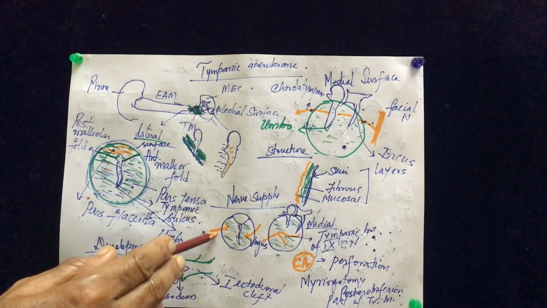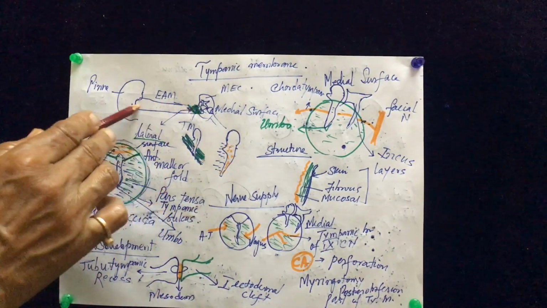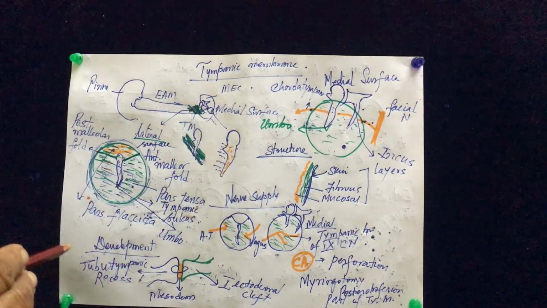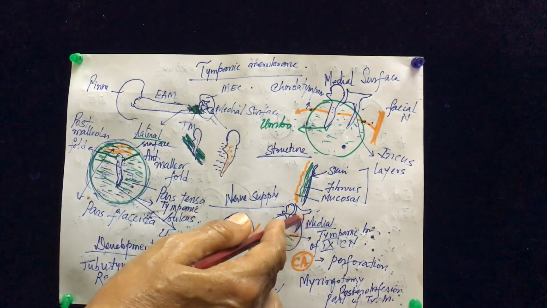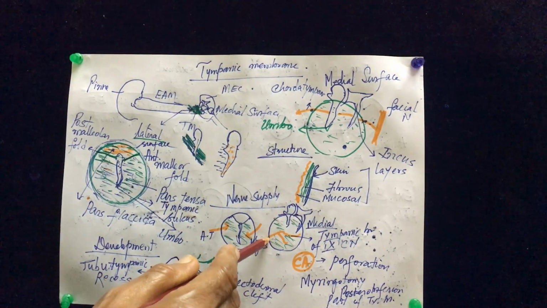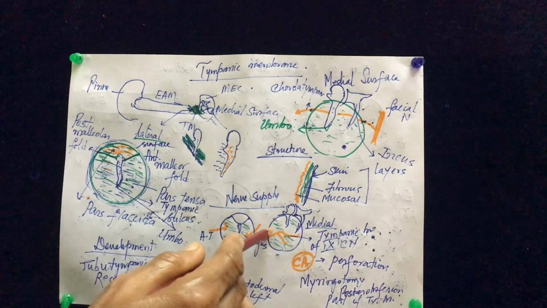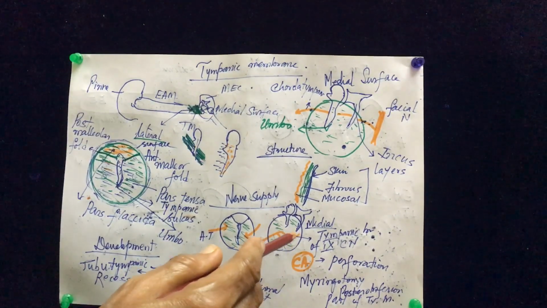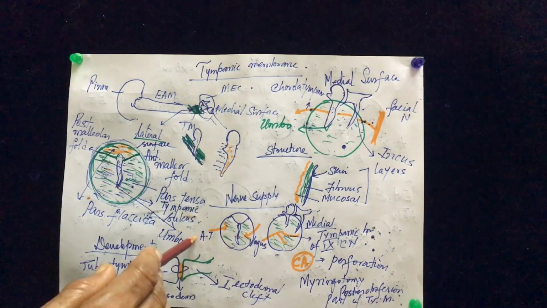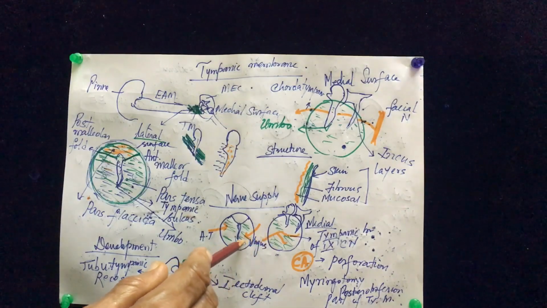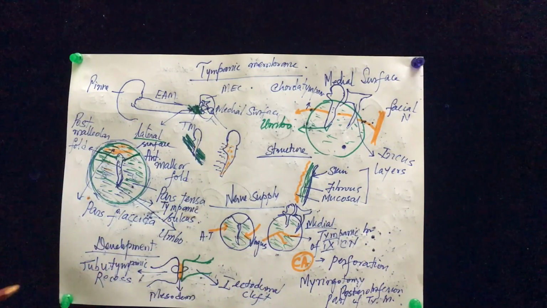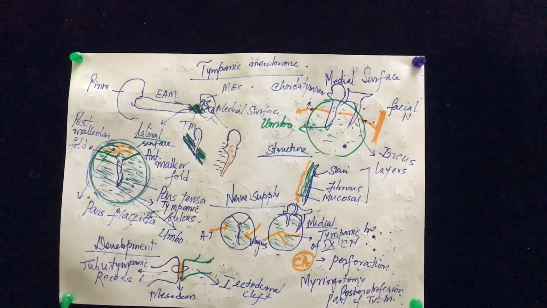The vagus supplies the external acoustic meatus as well as the lateral surface. The medial surface is supplied by the tympanic branch of the glossopharyngeal nerve.